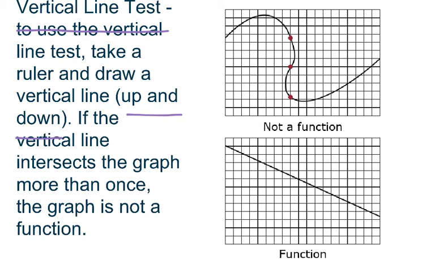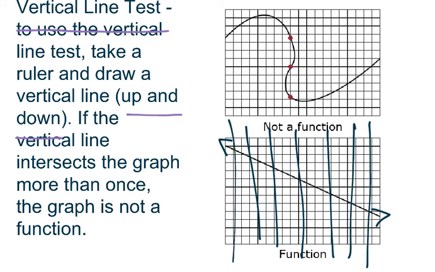So the bottom one is a function because if I drew a straight up and down line, I know these are not straight, I'm not using a ruler, it's only going to touch the graph one time. But look at the top one. If I were to draw a straight line right there, it hits 3 times. If it hits more than once, it is not a function. So that's how you can just look at a graph and tell if it's a function.